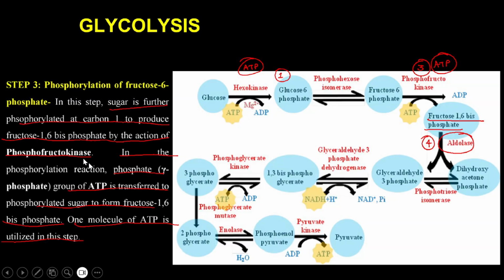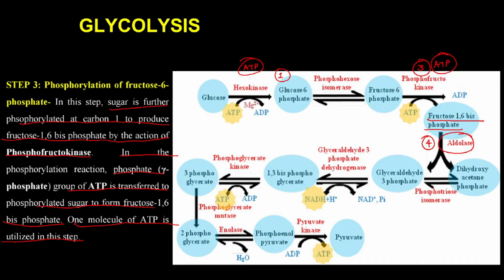Okay, so at step 3 what happens is the phosphorylation of fructose 6 phosphate. In this step the sugar is further phosphorylated at carbon 1 to produce fructose 1,6 bisphosphate. So at this step, this is step 3, we have got two phosphate molecules, and we have utilized two ATP molecules.